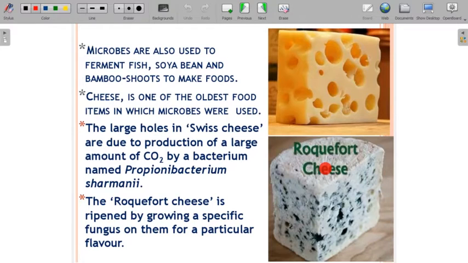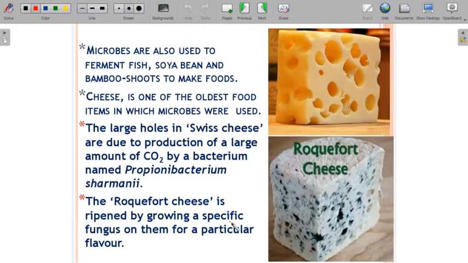This is Roquefort cheese, and it is made by a fungus called Penicillium roqueforti. It is not there in your book. The Roquefort cheese shows a unique greenish-blue mottling because of the specific fungus Penicillium roqueforti.